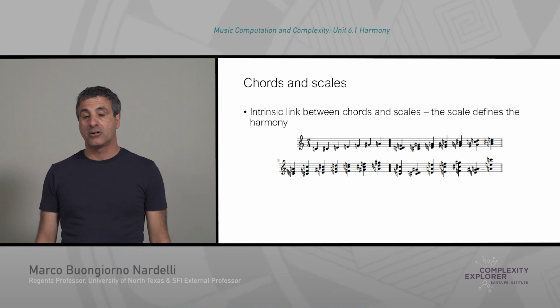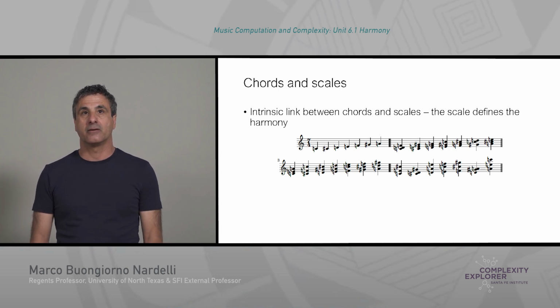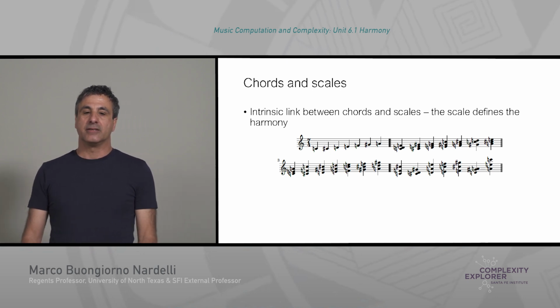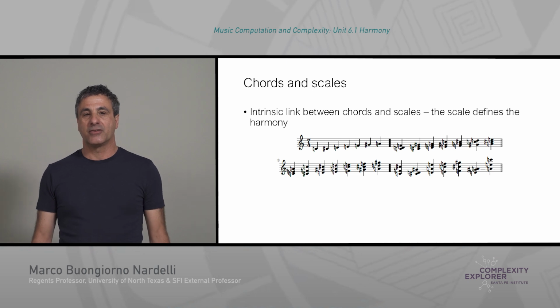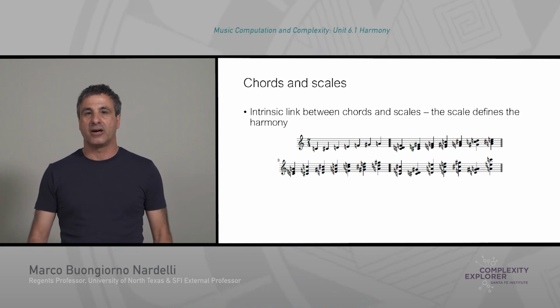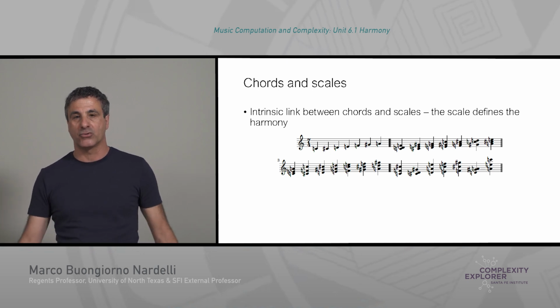Now, this is an important concept in what we call traditional harmony or tonal music, where the scale gives us this kind of framework that is also used to define the harmonic progressions within that collection of pitches.